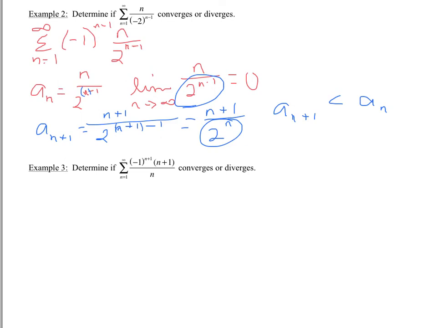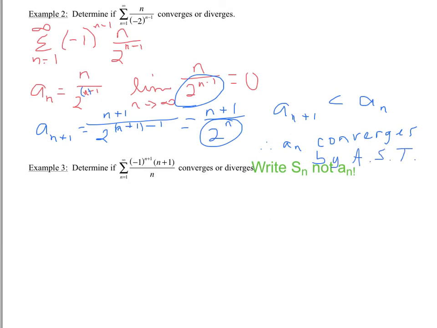Therefore, the term a sub n plus 1 will be smaller than a sub n, which is what our alternating series test requires. So therefore, a sub n converges by AST, by the alternating series test.